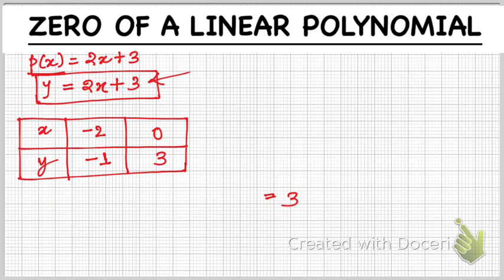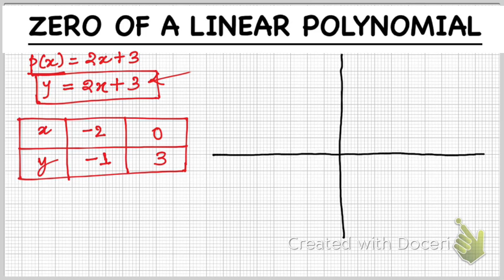So moving to the graph part now. I will draw the x and y axis first. Okay, this is x, this is x dash, this is y, and this one is y dash. This is our origin.